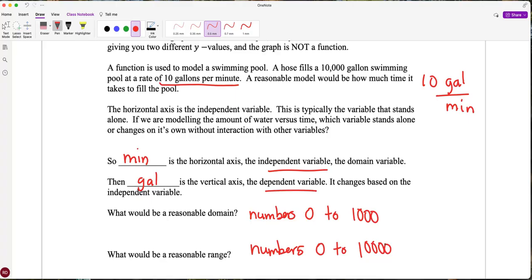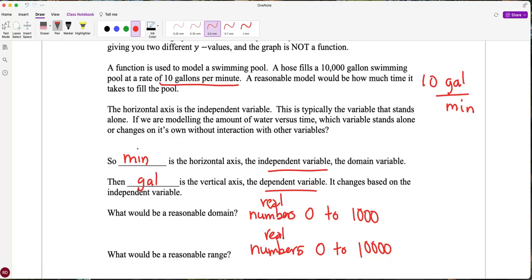Now, is it possible that this is minutes? Could it be half a minute? Yeah, so it's possible. It's not just the integers, okay? I could have 3.5 minutes or 4.5 minutes. So it's really all the real numbers. If I was more precise, it's real numbers, 0 to 1,000.